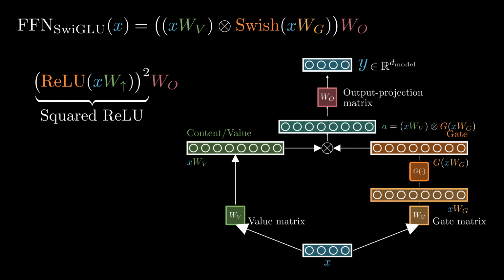Squared ReLU has been shown to match or exceed SwiGLU in language modeling and vision tasks. The squaring amplifies large activations and fully suppresses small ones, a natural form of soft selection that echoes the gating theme. To solidify these concepts, let's take a closer look at the code implementation.